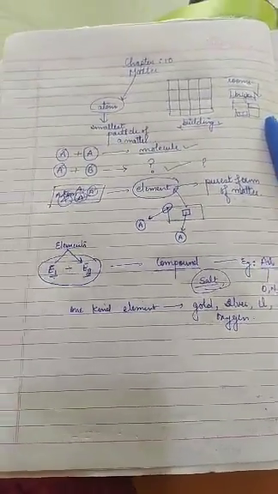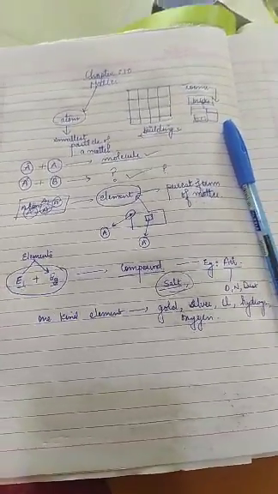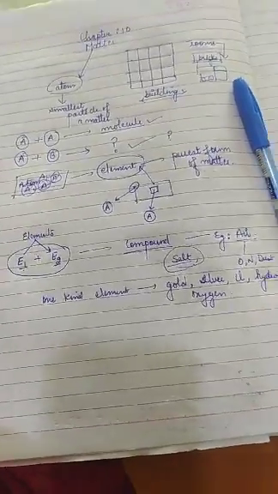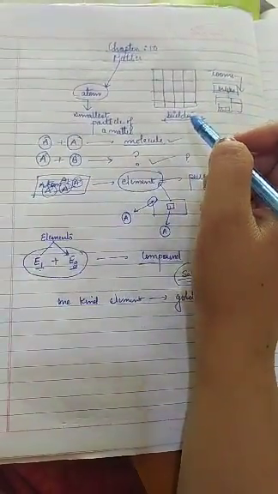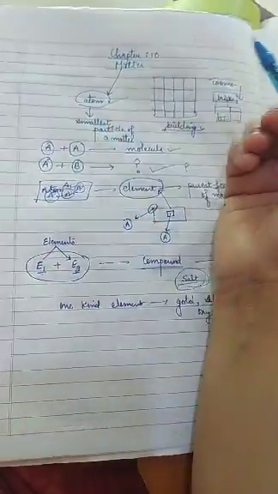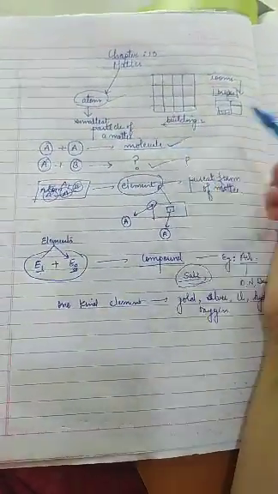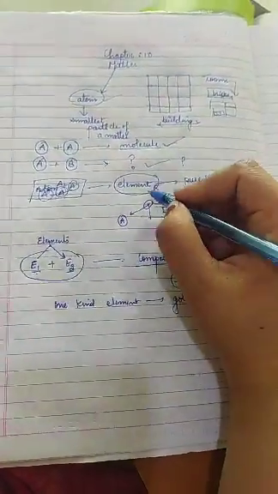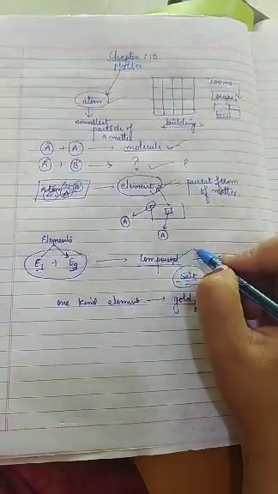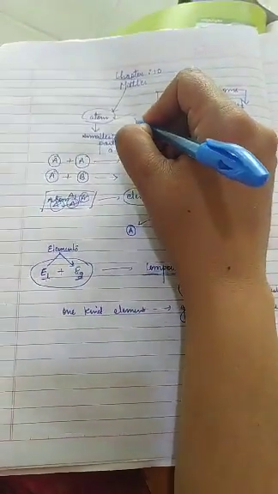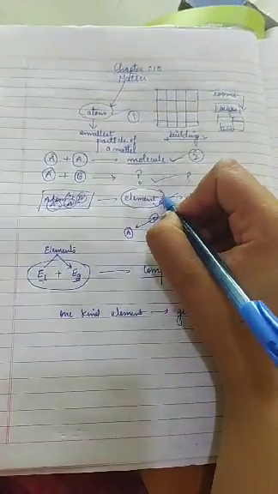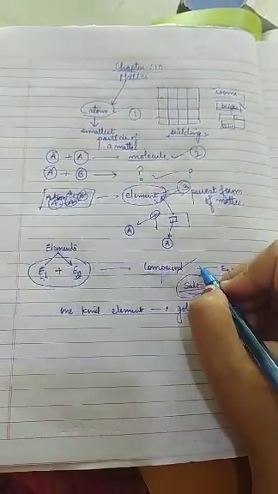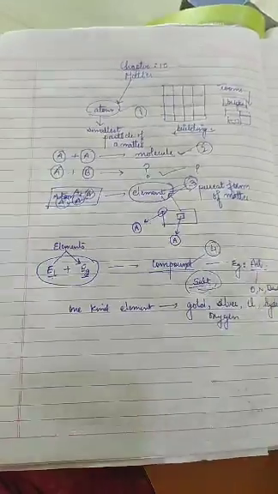Right? So here, today we got to know about different words. The first one was the atom, second one was the molecule, third one was the element, and the fourth one is the compound. Atom, number 1, molecule, number 2, element, number 3, and number 4 is compound.